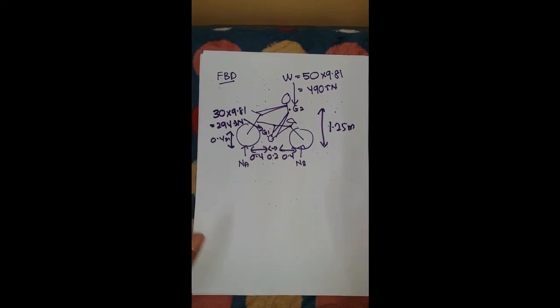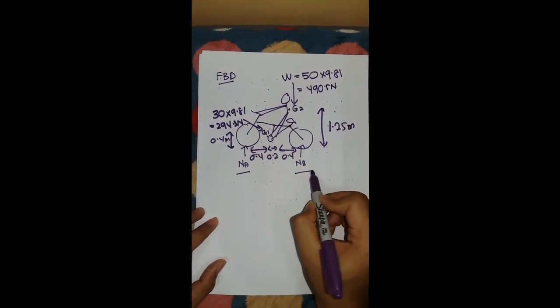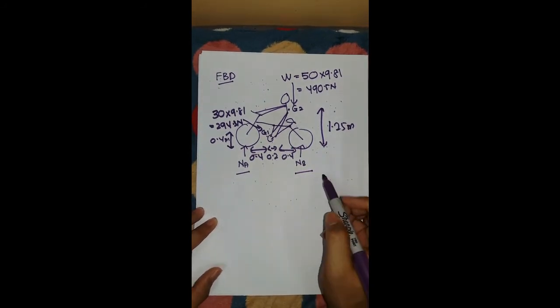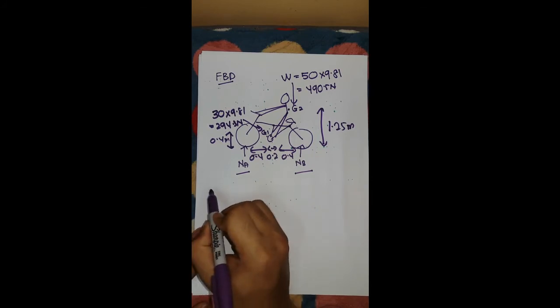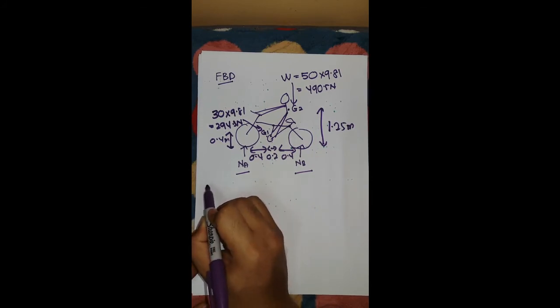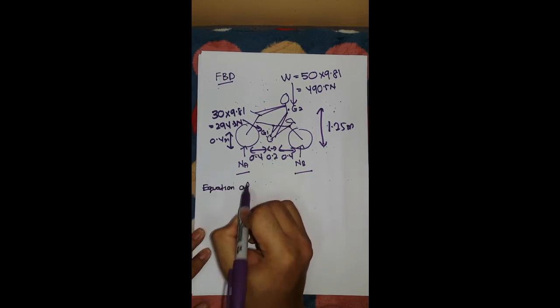So the next step, we're gonna find the normal A and the normal B at the front and the back wheel. So for the back wheel, we're gonna use moment.